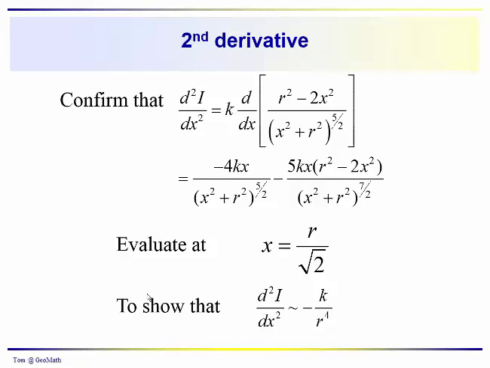And when we do that, and I leave that to you as an exercise, taking this derivative and then also evaluating the second derivative, well, see this minus sign in front? It's approximately equal to negative k over r to the 4th power. So the second derivative is negative, which means that we have a maximum.